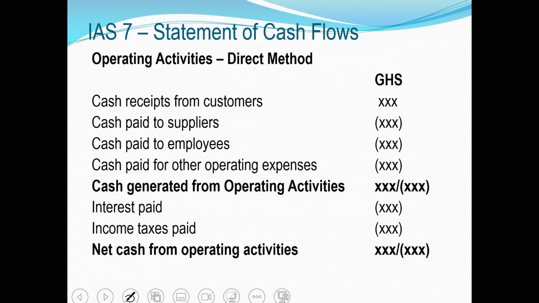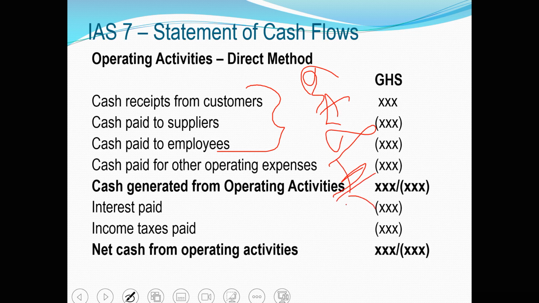All right. Now, this is how operating activities under the direct method will look. Cash receipts from customers, paid to suppliers, paid to employees, paid for other operating expenses. And for you to get these figures, you need to prepare control accounts.